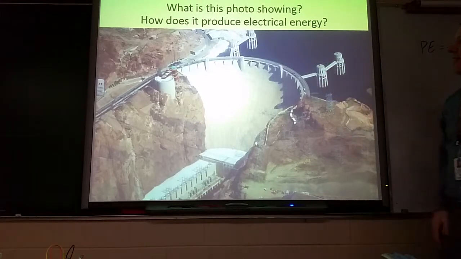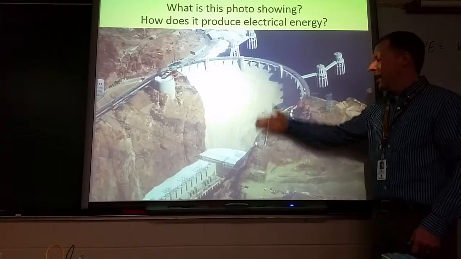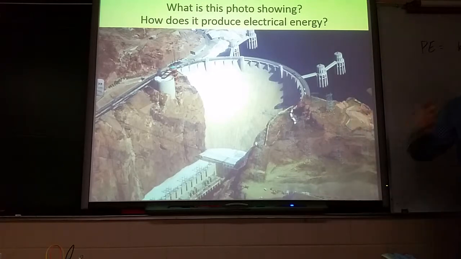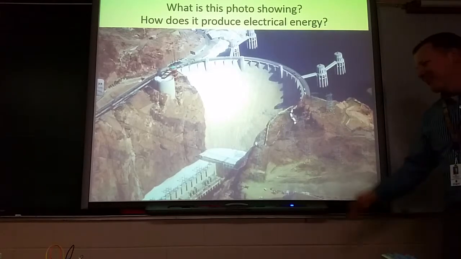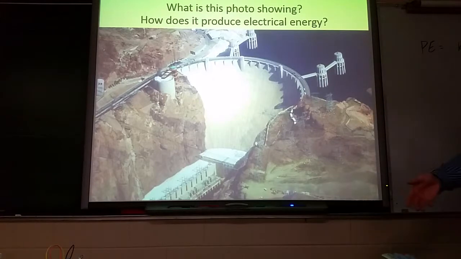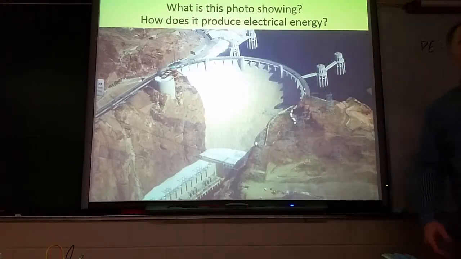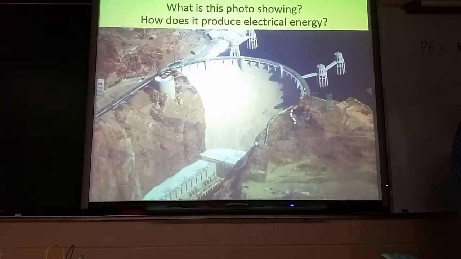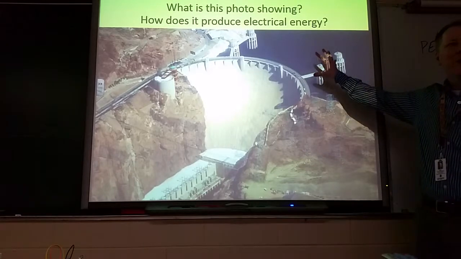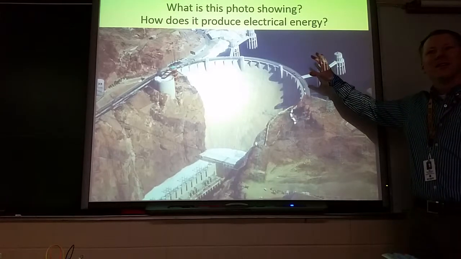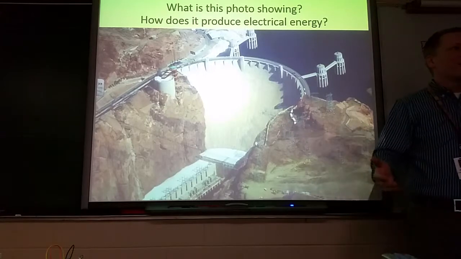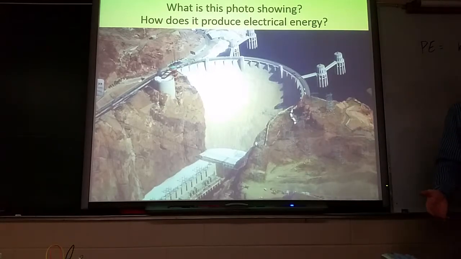Anyone know why you need to have this giant wall here? I mean, obviously to stop the water, but why do you have to stop the water? There are, but this was just a river. You can see the river down below. It would have still been a river, and it would not have had all this water back behind it in Lake Mead without the dam. So it wasn't enough water to put those people in danger.